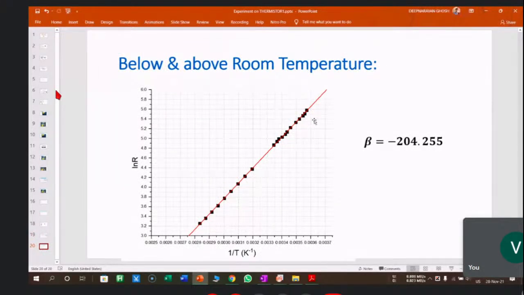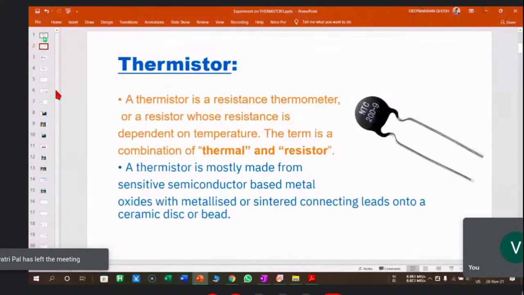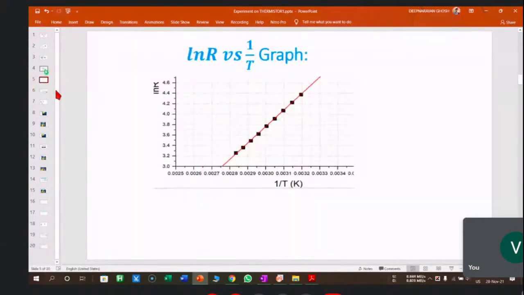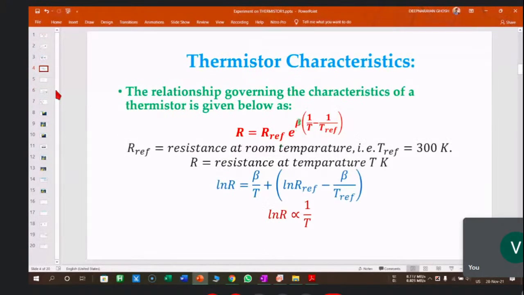From that graph, I am able to find beta. Beta means the value of the coefficient, the beta constant for this thermistor.